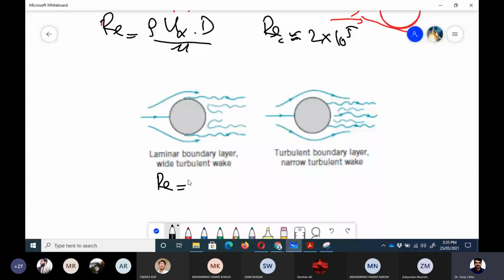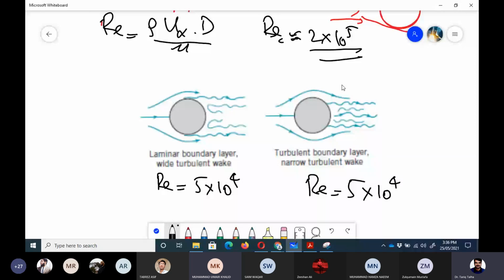And then here the flow Reynolds number, again, if I say it is 50,000, the same Reynolds number, but it is turbulent. Can we make a flow over a flat board or over a cylinder turbulent at this Reynolds number, because critical Reynolds number is given to be 2 lakh?